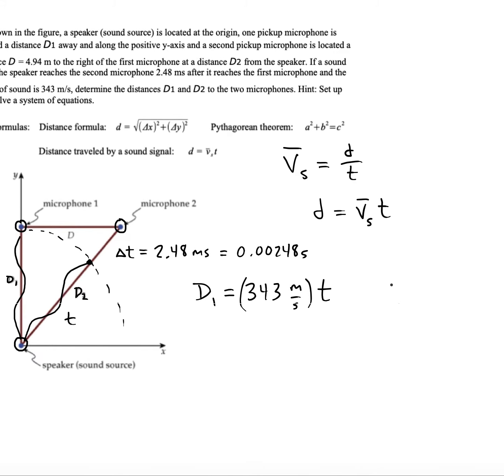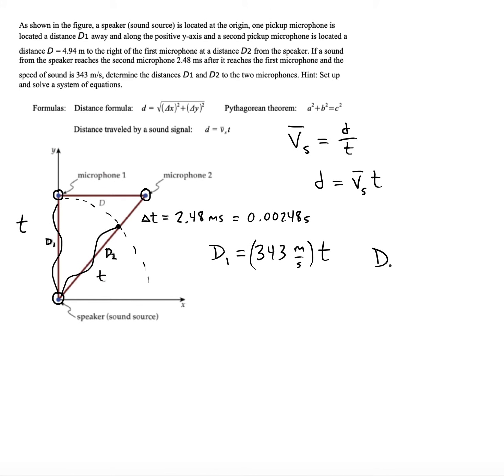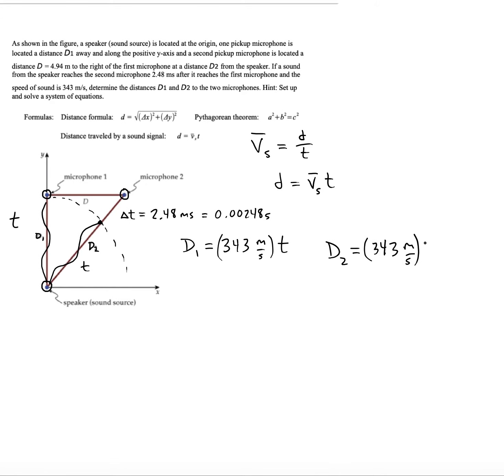But when we analyze d2, things are a little different. You still have the same speed of sound, but instead of t, we'll have t plus delta t, because it has farther to go. Alright, so we can plug in a number for delta t.